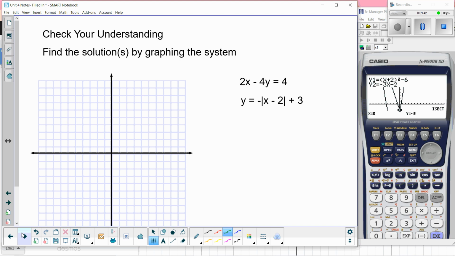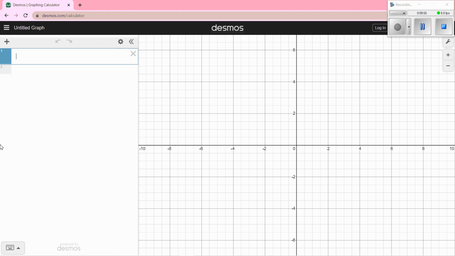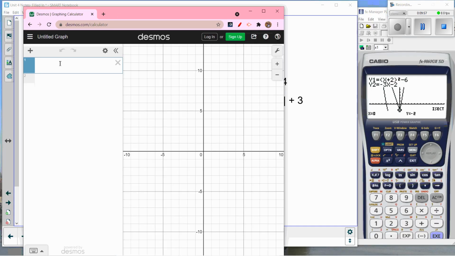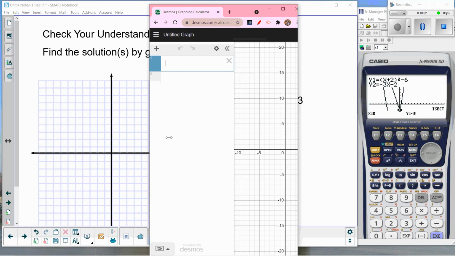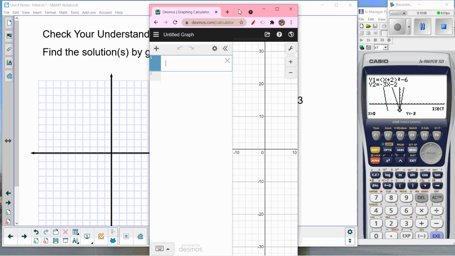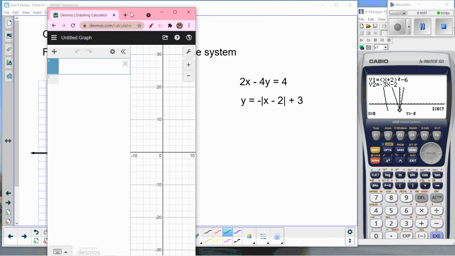All right. So this one, I want you guys to try graphing using Desmos. I'm going to make this a little bit smaller so I can see my problem still, and then I'll make it larger. If we're using Desmos, you can type it in exactly as is: 2x minus 4y equals 4, and it'll graph that.